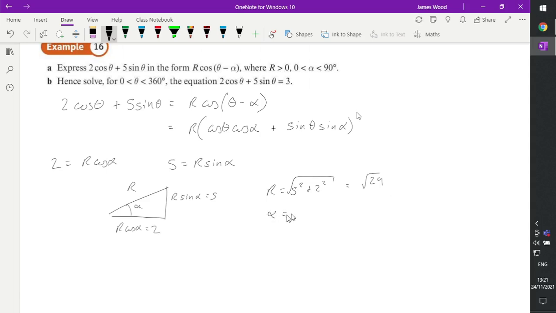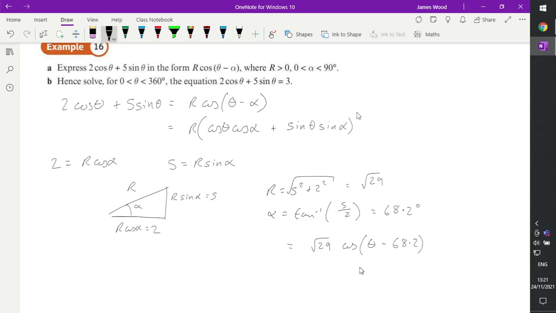And then to find alpha, we can do inverse tan of opposite over adjacent, which is 68.2 degrees. So my answer is root 29 cos(theta minus 68.2).